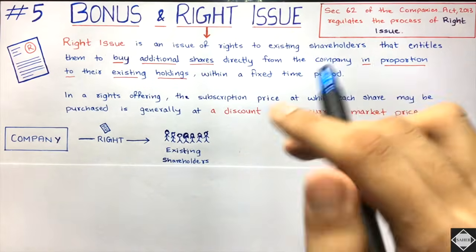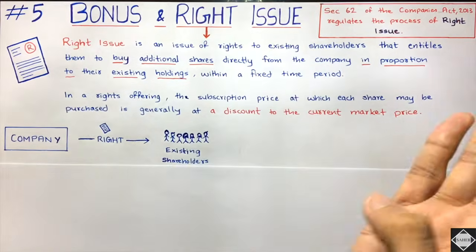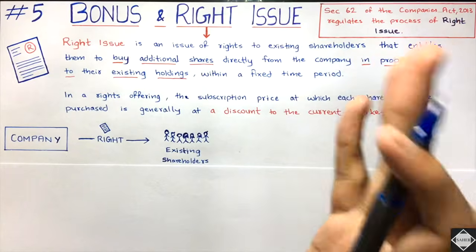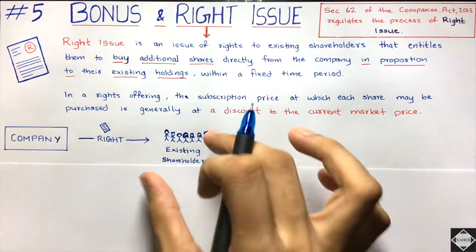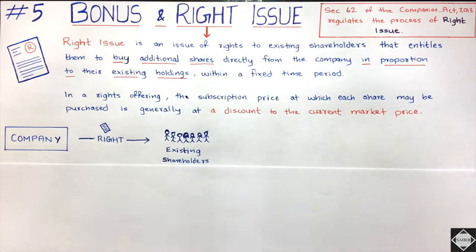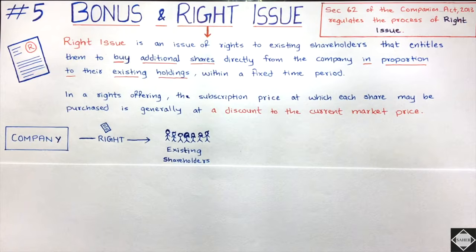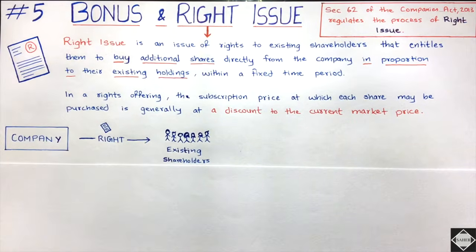If the company directly makes a fresh issue of equity shares to outsiders, then what will happen? The shareholding of existing shareholders will be diluted. The ownership of existing shareholders will be reduced. This is what will happen.